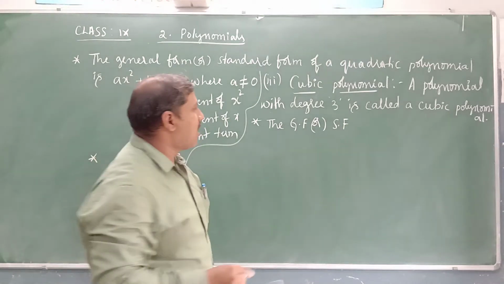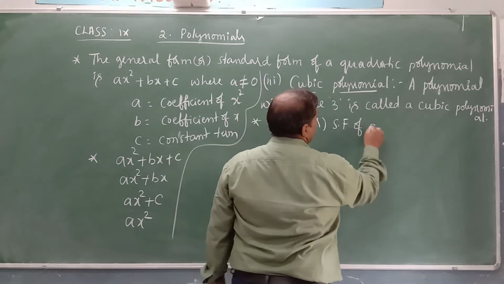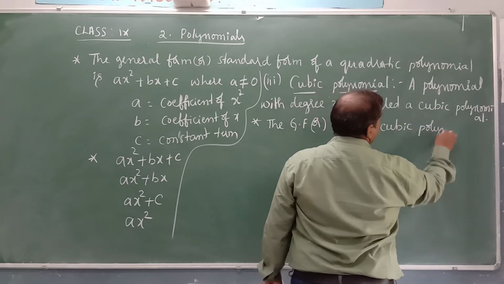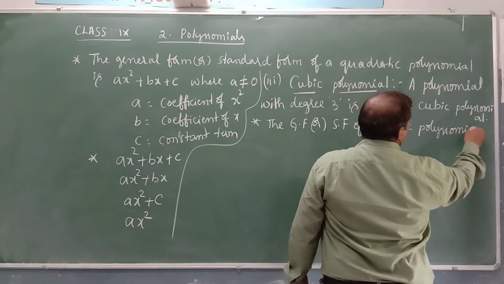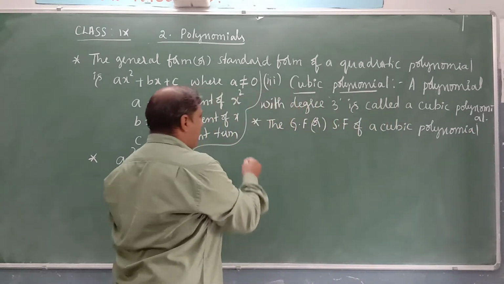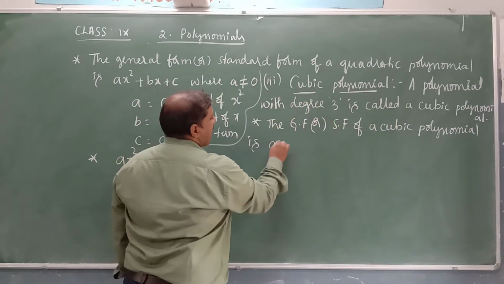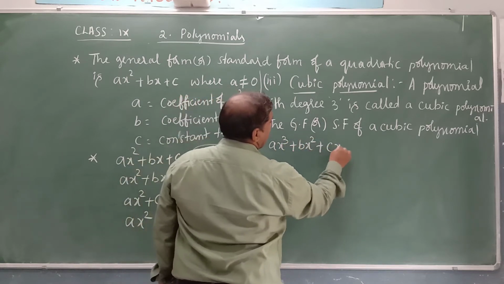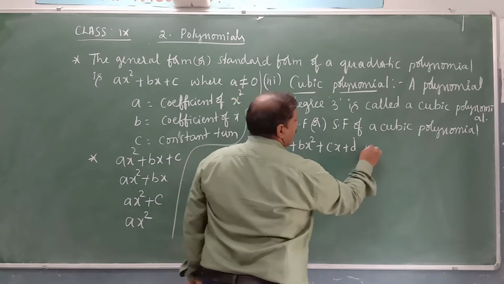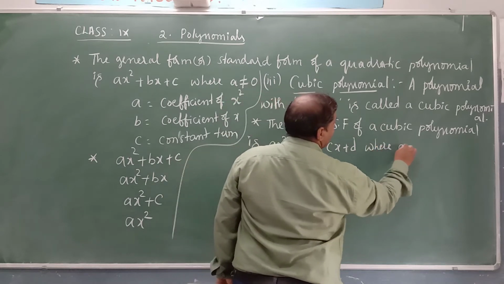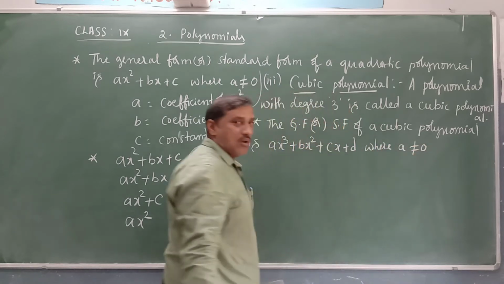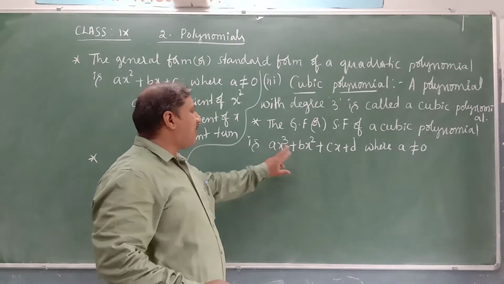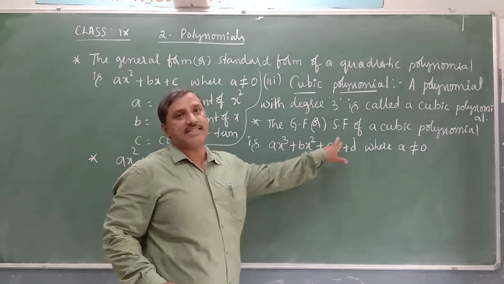The standard form of a cubic polynomial is ax cube plus bx square plus cx plus d, where a is not equal to 0.